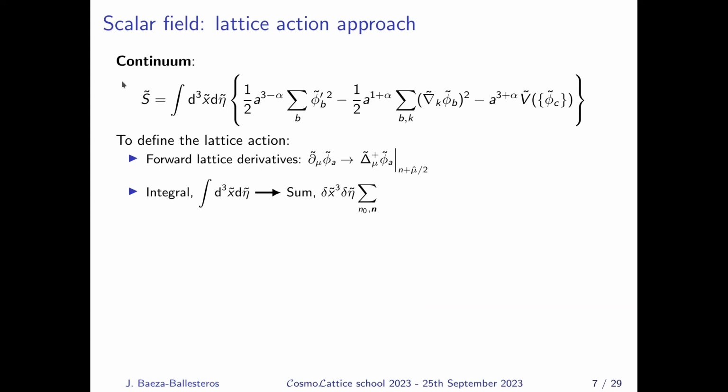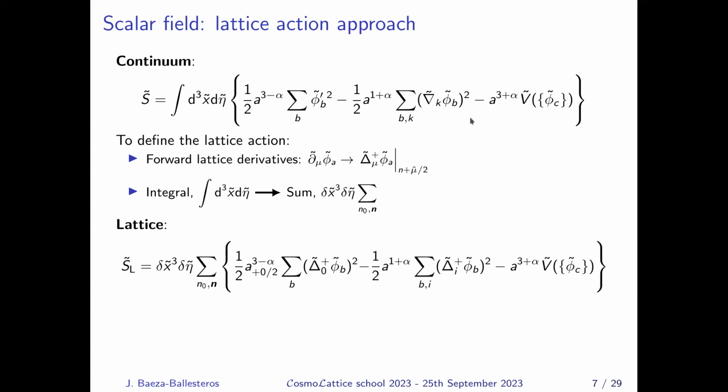In addition, to put the action into the lattice, we have to change the integral into a sum, and note that the measure of the integral is changed into this product, where we have the lattice spacing and the time steps that we are using. After these changes, we get the following lattice action.